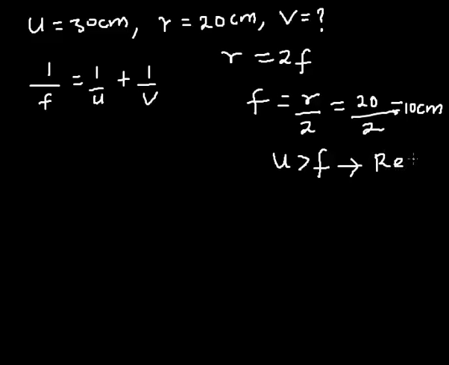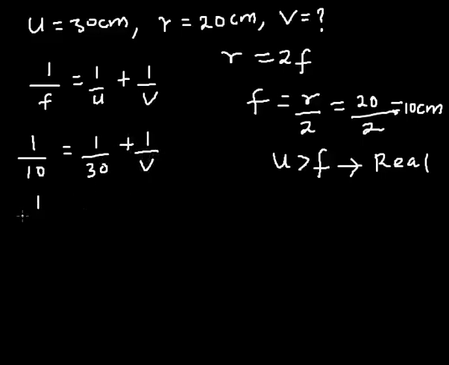So I will use the plus sign of the formula. 1 over f, which is 1 over 10, equals 1 over u, which is 30, plus 1 over v. That's what I'm looking for.